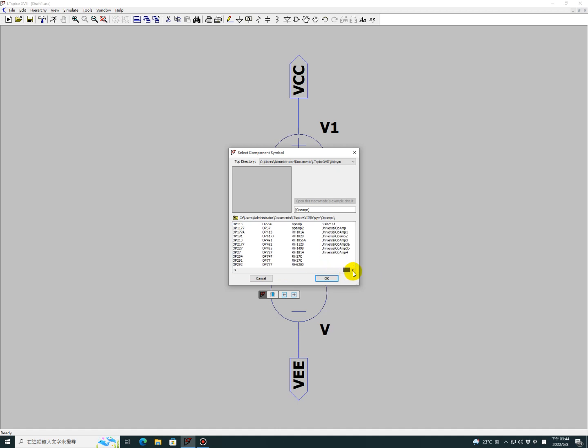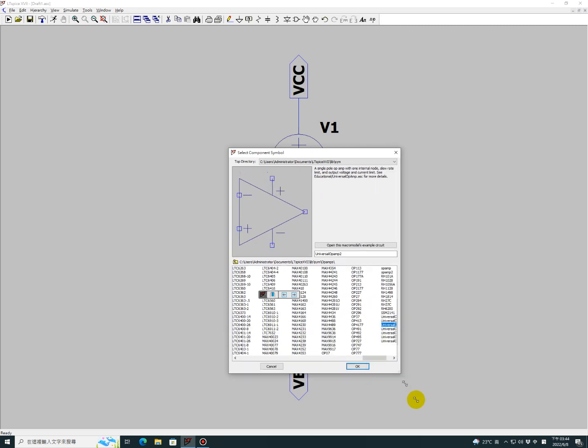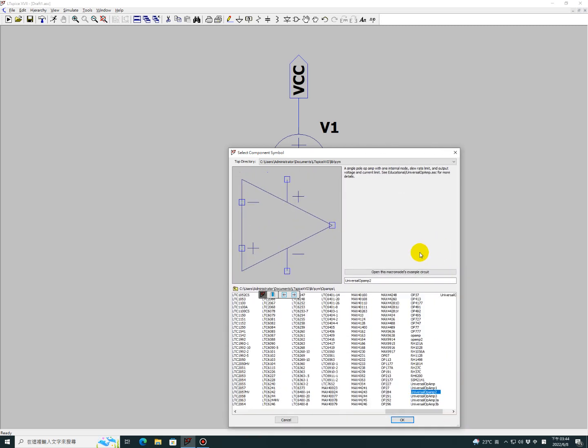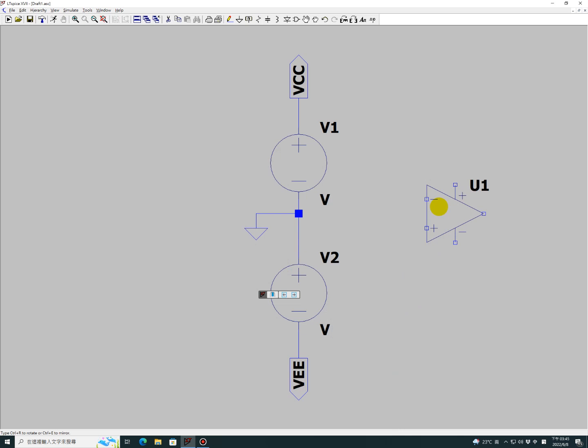There are so many op amps here, but we need to use the universal op amp model 2. In universal model 2 you can basically set the ideal op amp with some non-ideal characteristics.